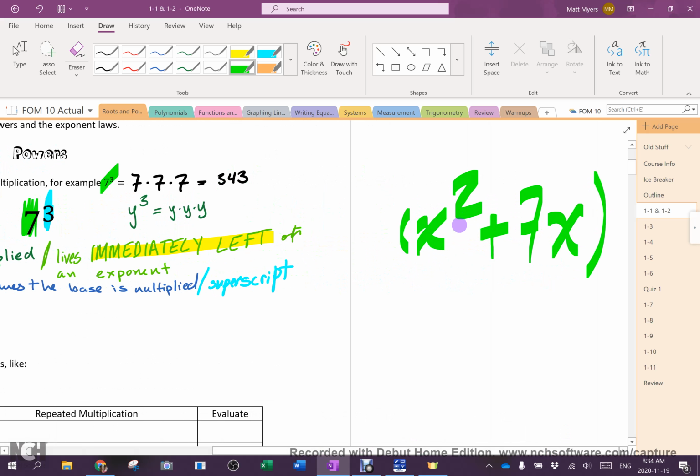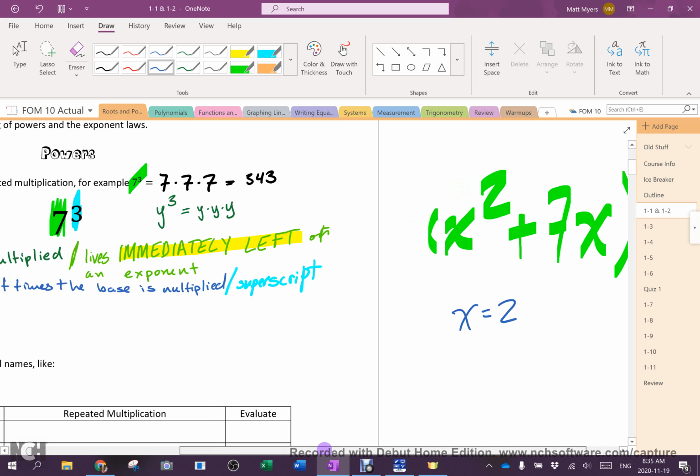If there's brackets around it, that's one thing, okay? And it moves around as a group. If you knew that x equaled 2, then this would be 18, right? It would be one thing. Everybody's cool, yeah? That's what brackets do.